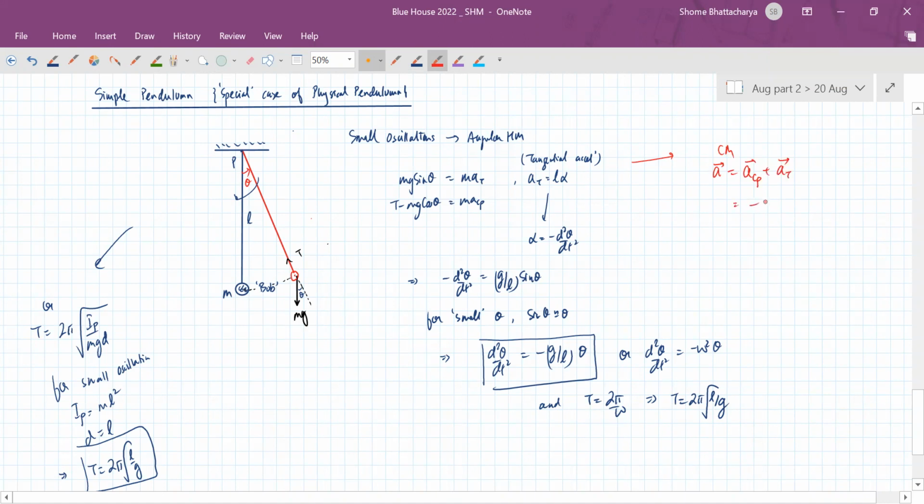So centripetal is minus v square by r cap, and tangential is r alpha.